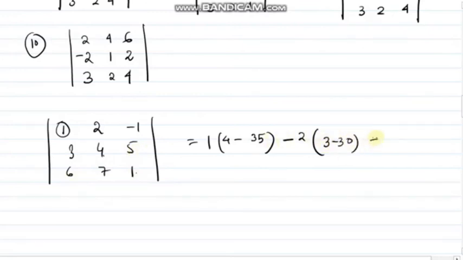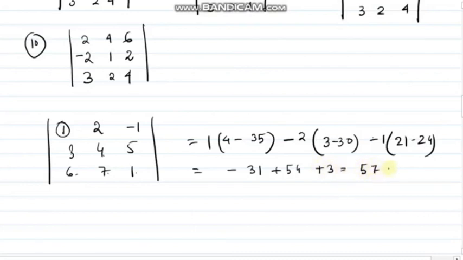And the last one it will be minus 1 again, so it will be 21 minus 24 over there. So if you calculate, it will be minus 31 minus 27 plus 54, and minus 3, so plus 3. So it will be 57 minus 31. So the answer is 26.